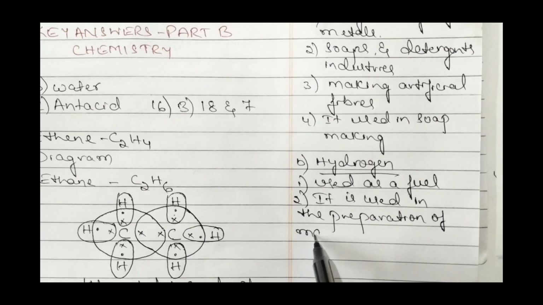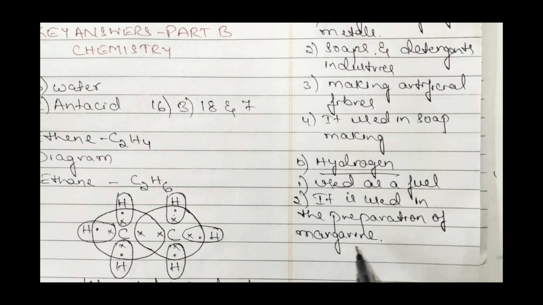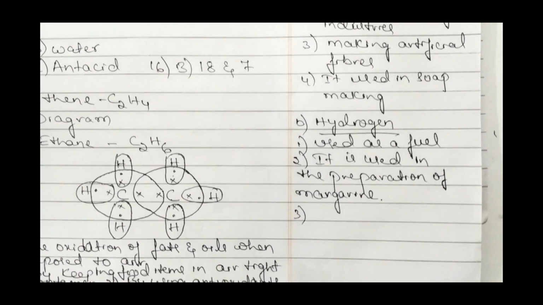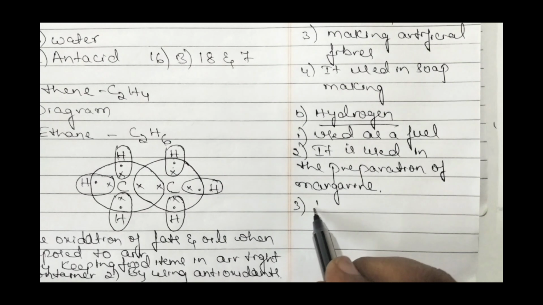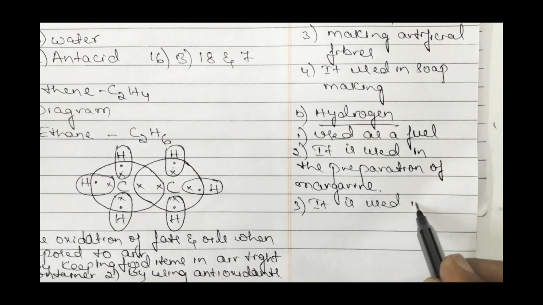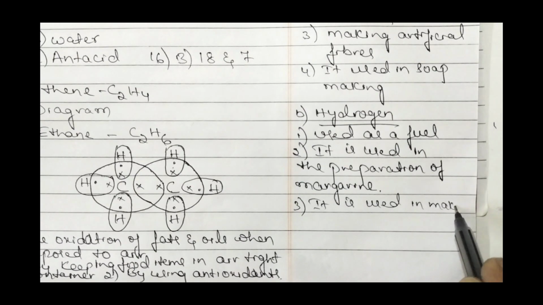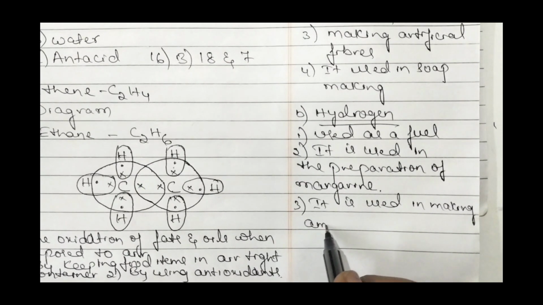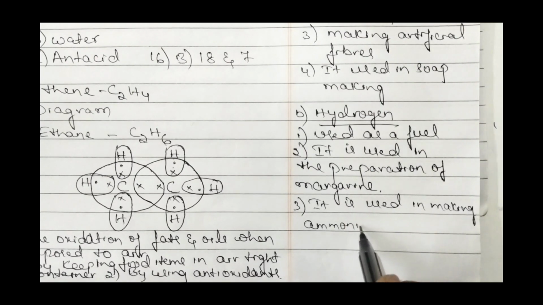That is called hydrogenation. Then the third use of hydrogen is, it is used in making ammonia for fertilizers.